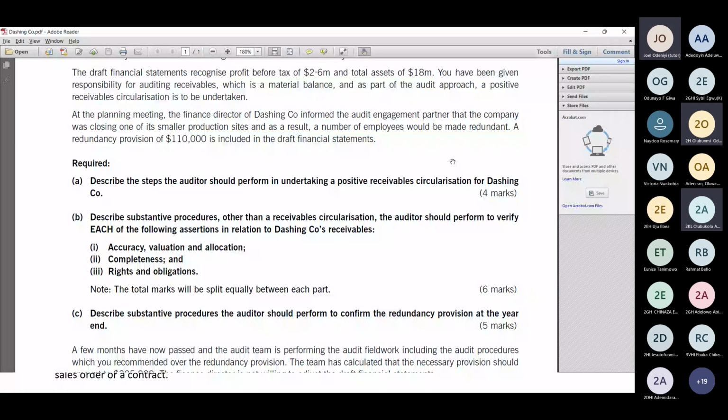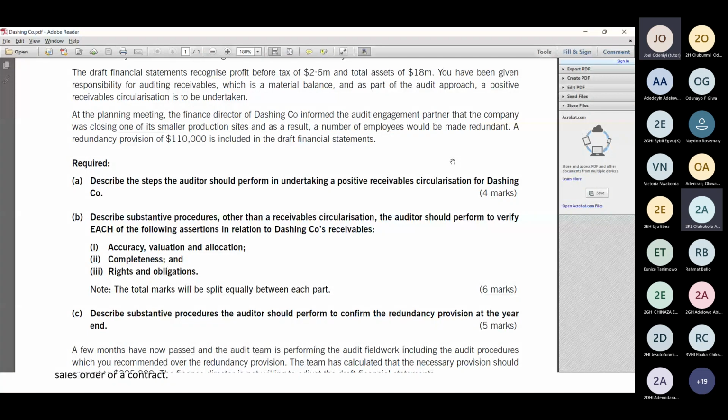I think we can discuss with management the basis for the 110,000 redundancy provision. Okay, that's a good procedure too.